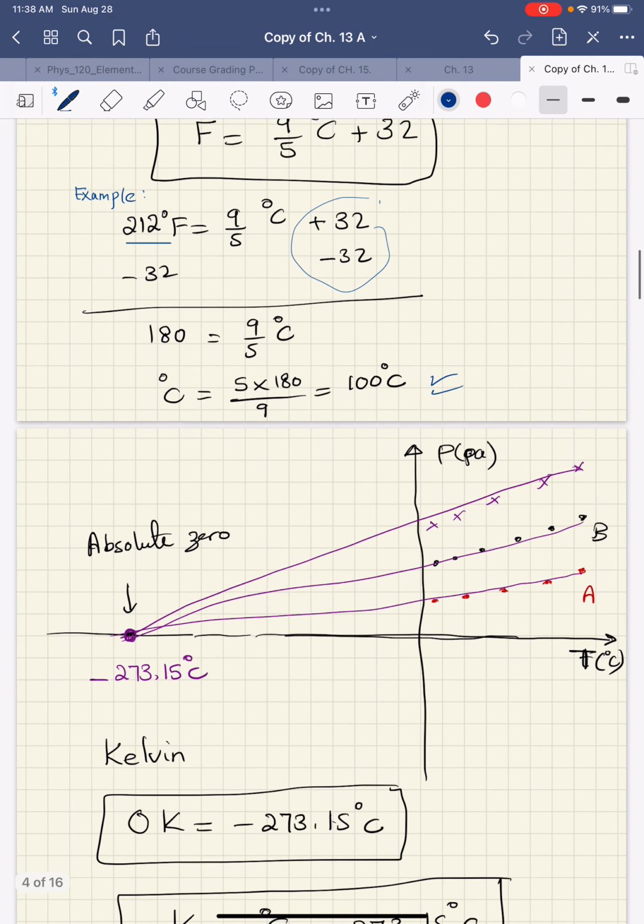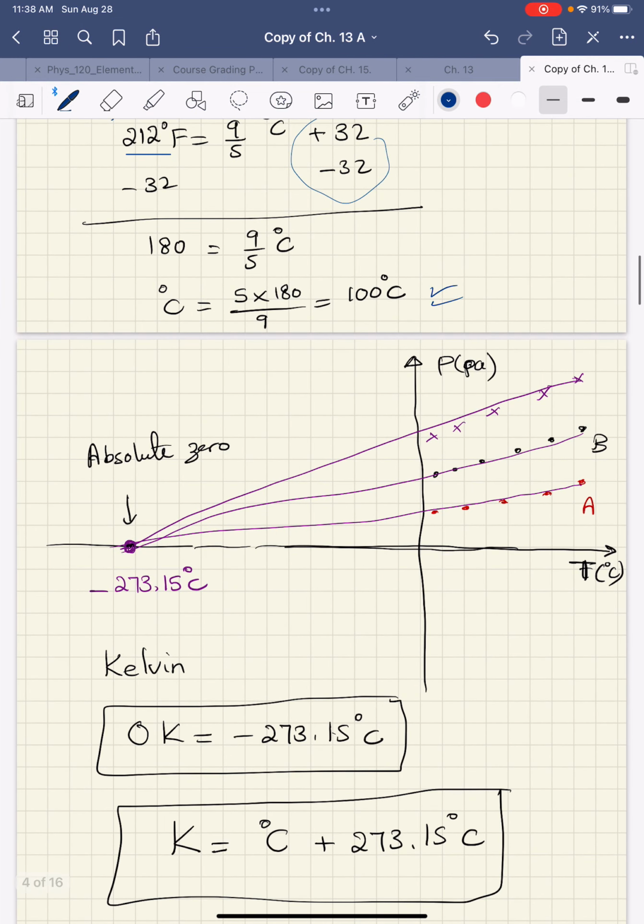Now, there is an experiment which studied pressure versus temperature. More than one scientist did that experiment. One scientist did it on gas A and found that type of trend.